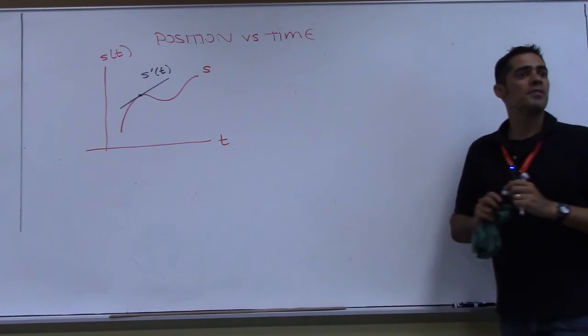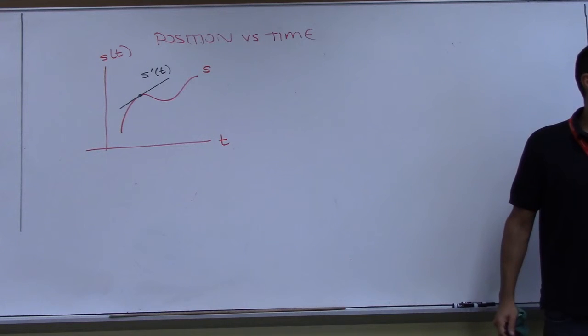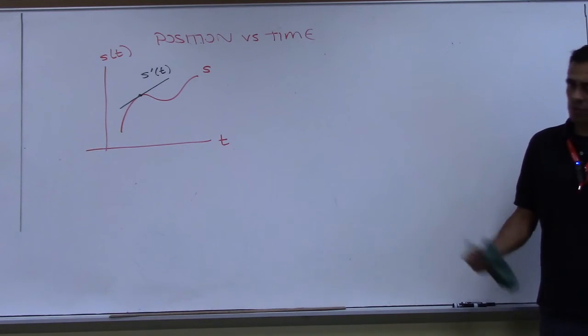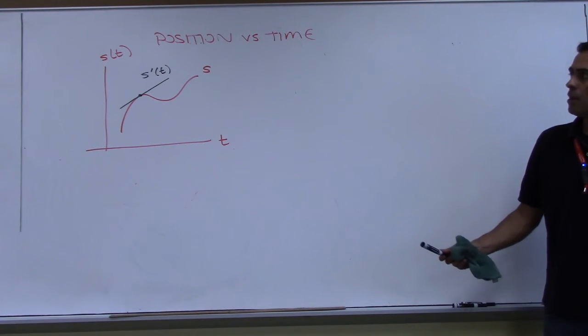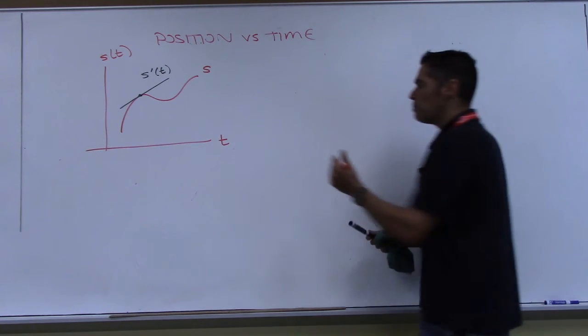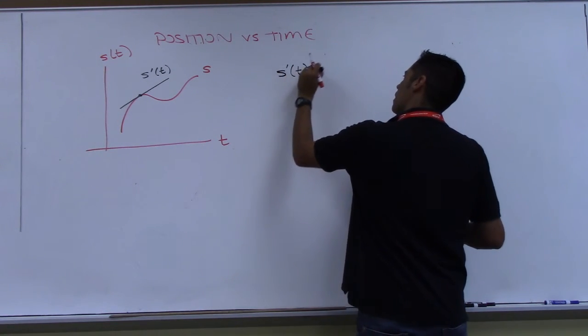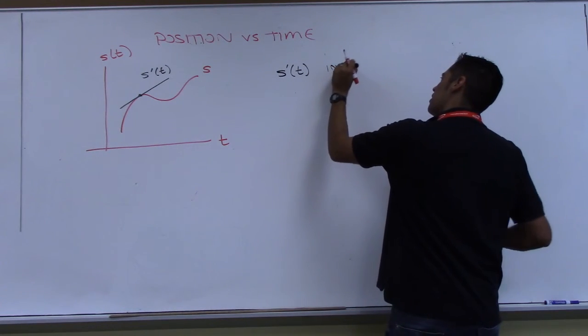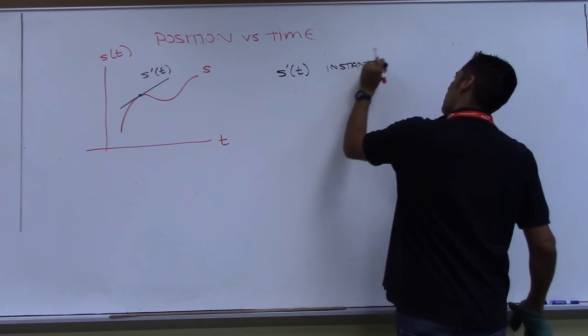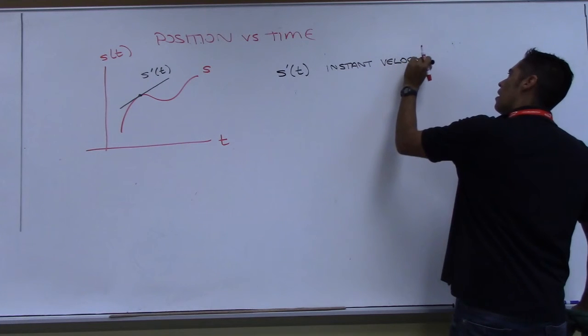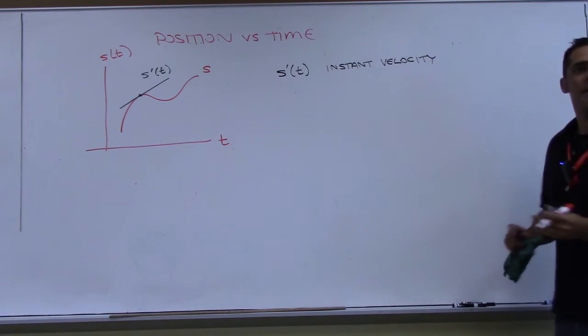And that would represent instantaneous velocity. That was the whole goal of this, right? This S prime is the instantaneous velocity.